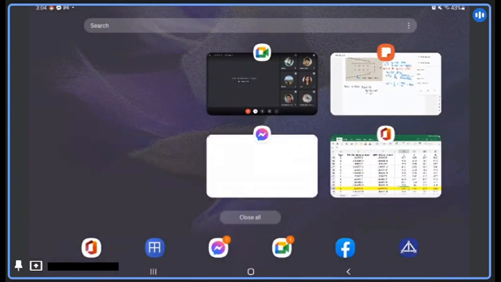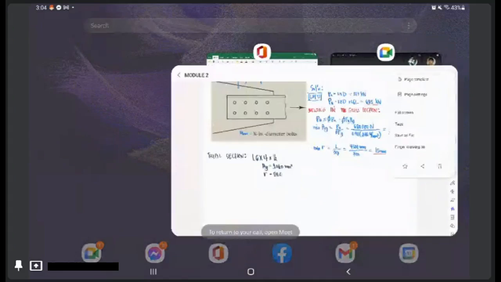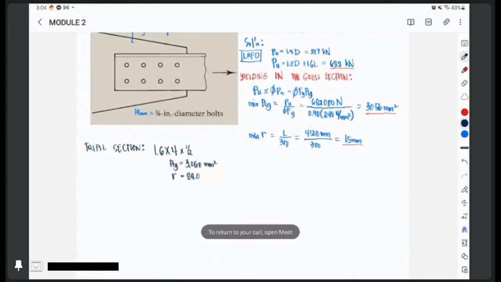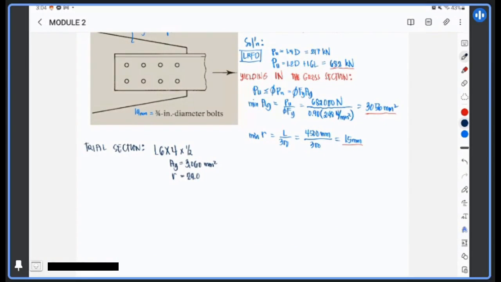Hello, are you still there? And then, what else do we need? 6 by 4. Okay. We should have already checked for effective net section rupture, but that's fine.